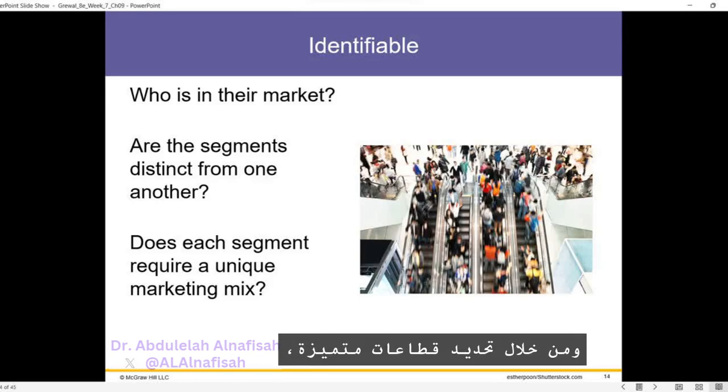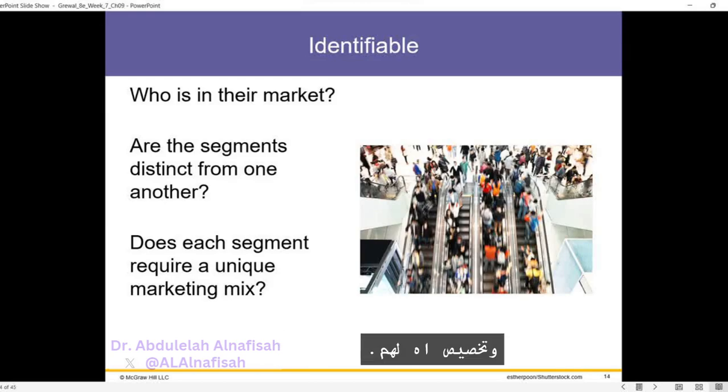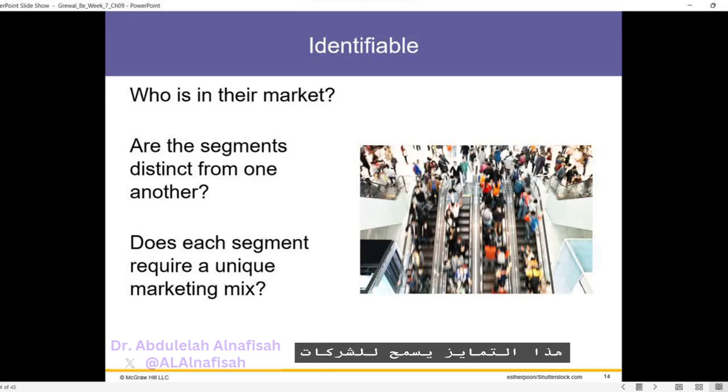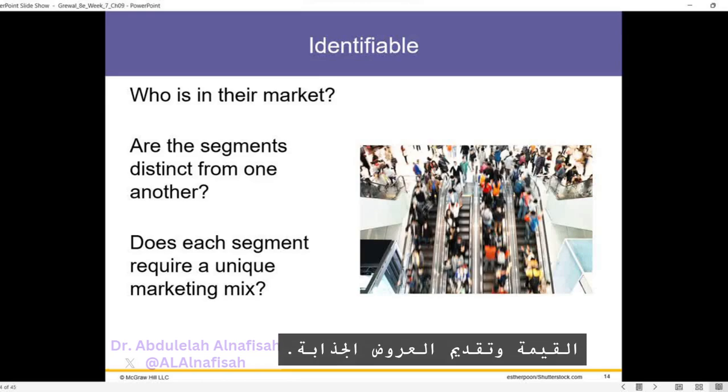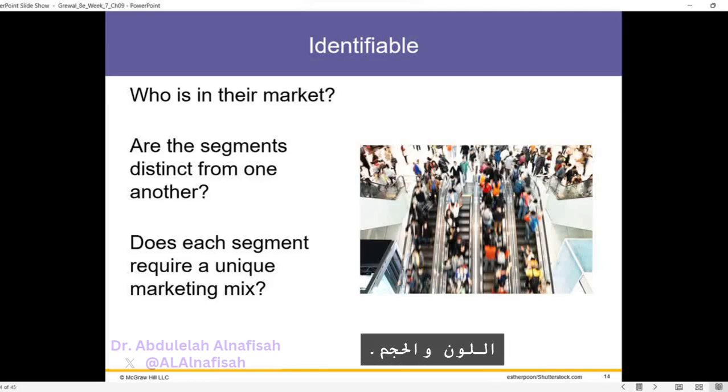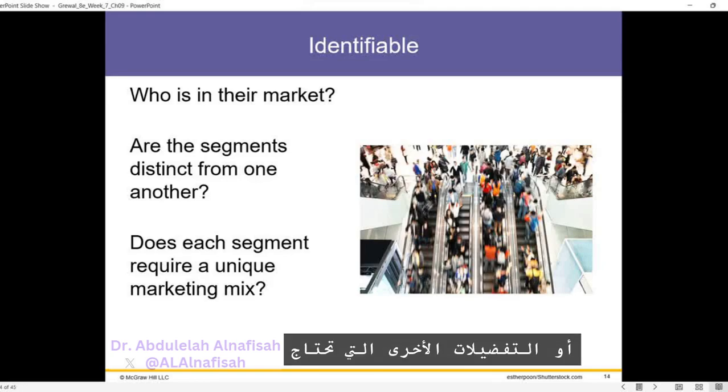By identifying distinct segments, companies can develop targeted marketing strategies and tailor their products or services to meet the specific requirements of each segment. This differentiation allows companies to add value and provide offerings that are appealing and relevant to each segment. Even if the needs of the segments are similar, there may be differences in terms of specific details like color, size, or other preferences, which the company needs to consider.